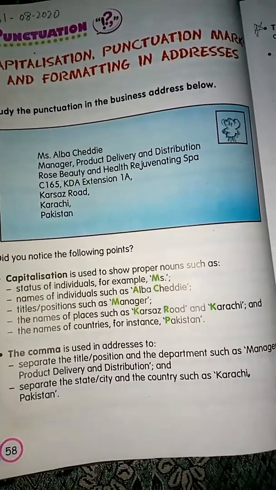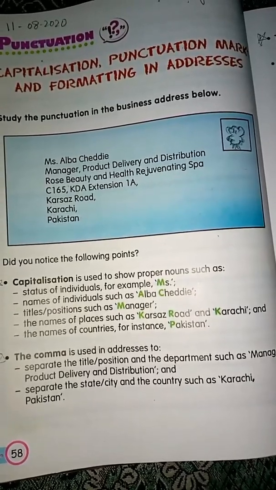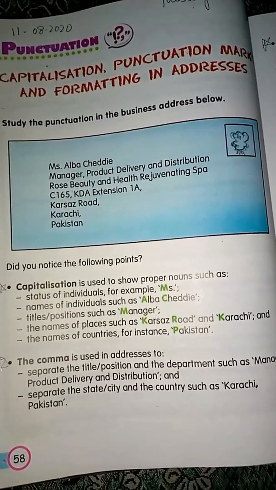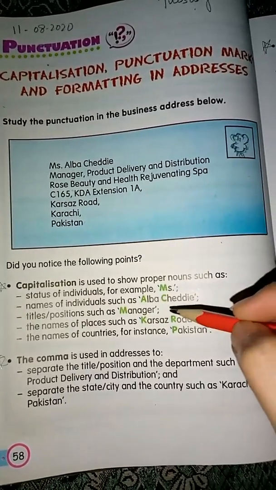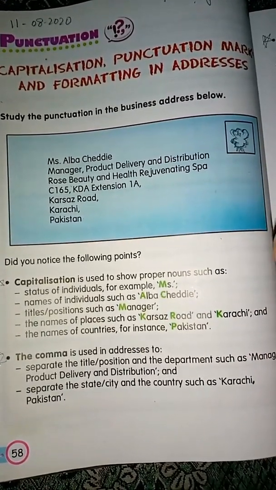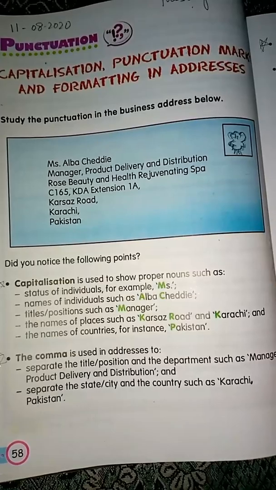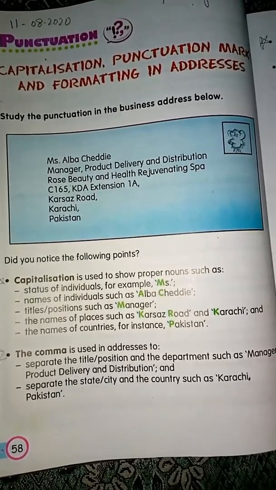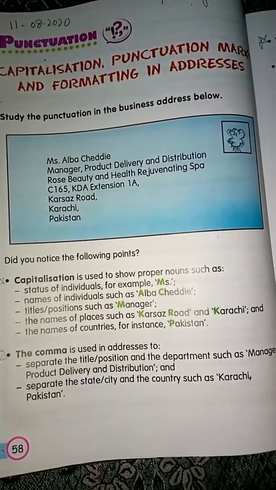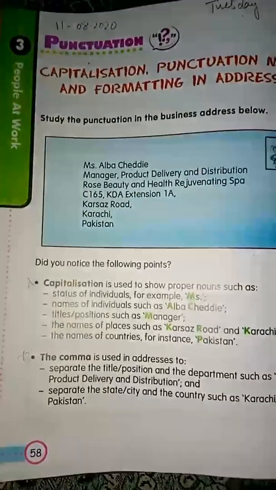From your childhood, from your first class, you are reading that whenever we write the name of a person, the first letter will be capital. Whenever we write the name of a country, a city, a place, we use a capital first letter.